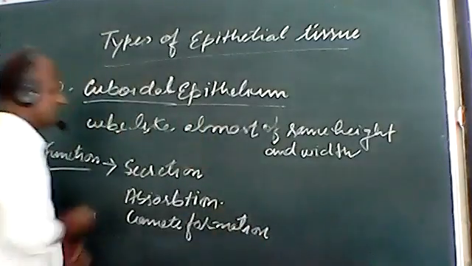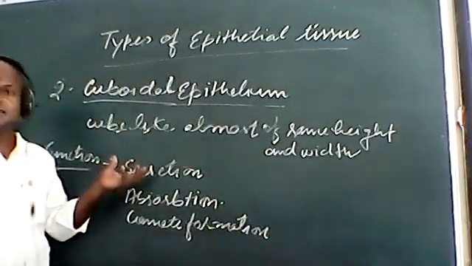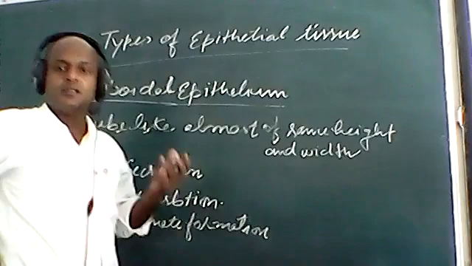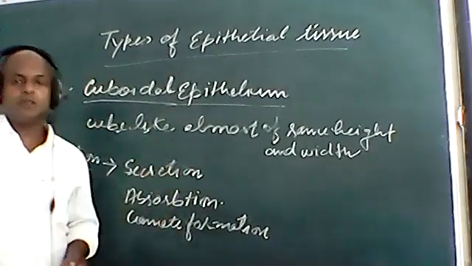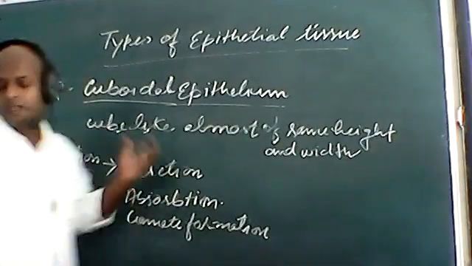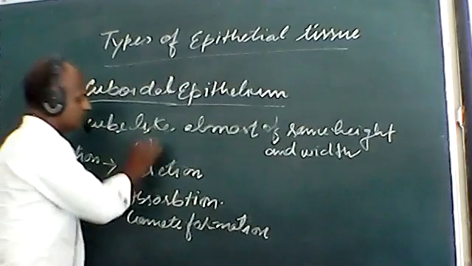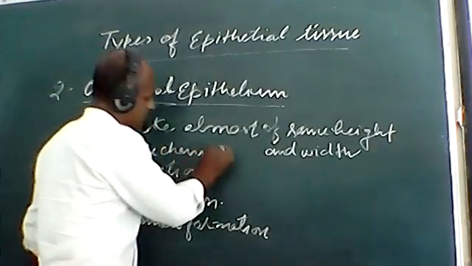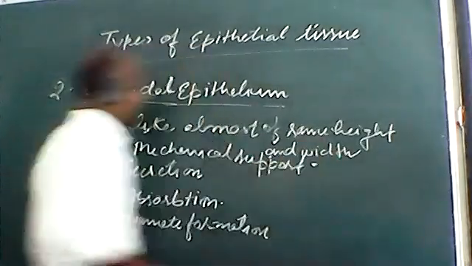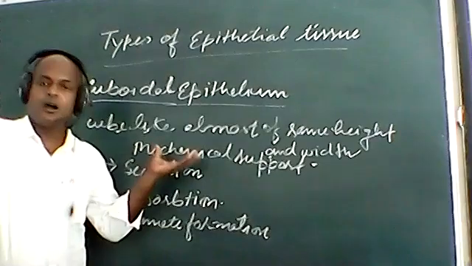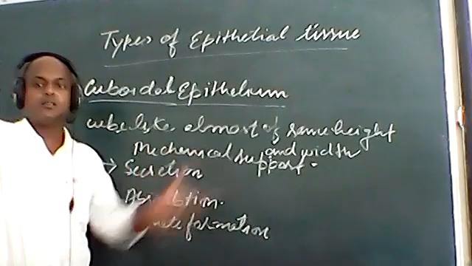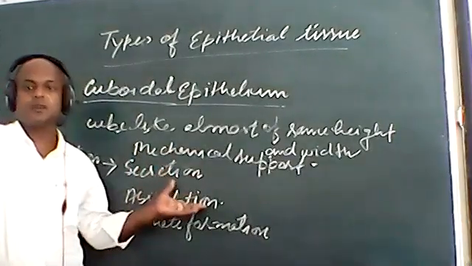Gamete formation, and this epithelium is helpful to provide mechanical support, as we have studied that all the different types of epithelium are helpful to provide protection. So we can say mechanical support. छोटे छोटे टॉपिक हैं ये.